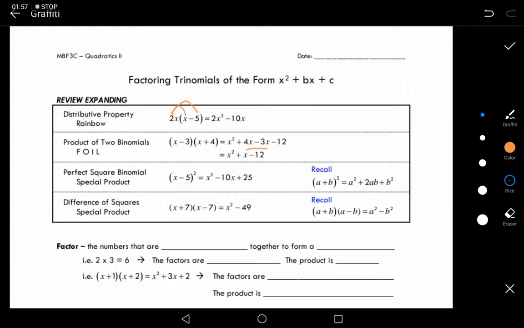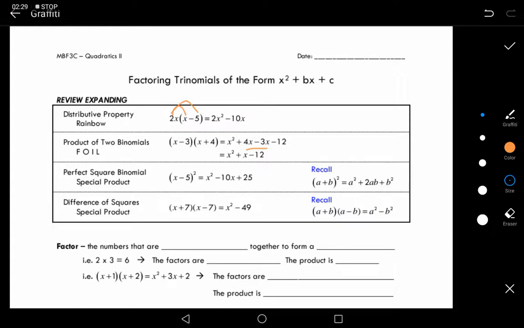Remember, if we were to properly expand that, we would have to rewrite that whole bracket twice, and then use FOIL, and then collect our like terms. But we learned that there's that special formula, which you can see over here, under the recall in blue. So when we have any binomial squared, the product after you expand is always going to be a squared plus 2ab plus b squared.